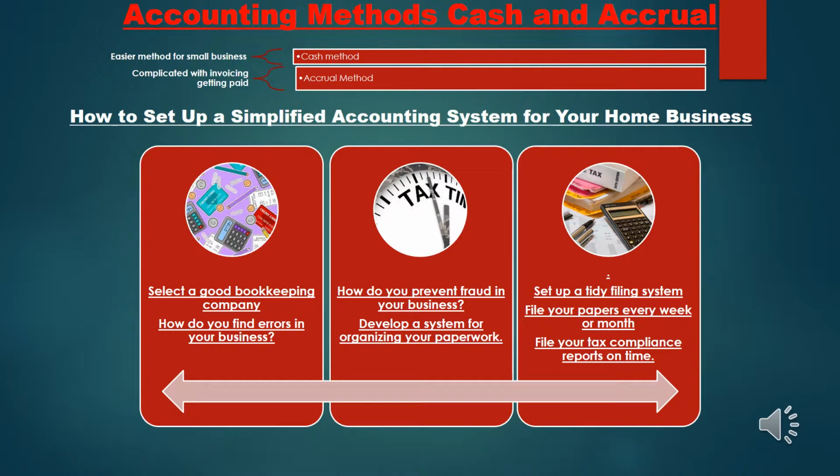How do you find errors in your business? To detect the errors in your business, you need to have control accounts. This can help you find the errors at earlier stages, well before you construct your trial balance. The total of all receivables of the company should match the totals in the control accounts.